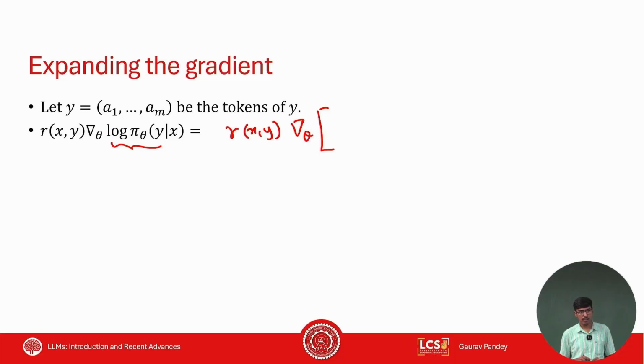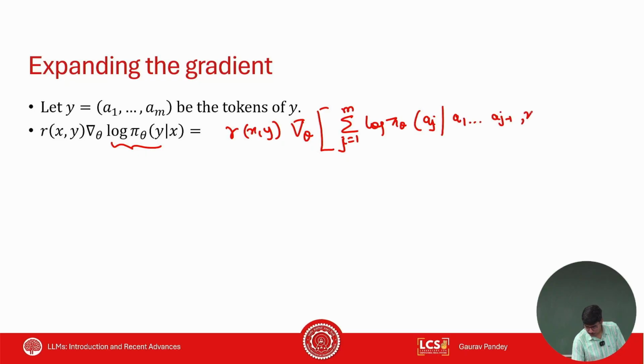It will just expand in terms of its token summation, j equal to 1 to m, log pi theta of aj, given a1 to aj minus 1 and x. So the log probability of a sequence of tokens is just the sum of the log probability of those individual tokens, conditioned on everything that comes before.